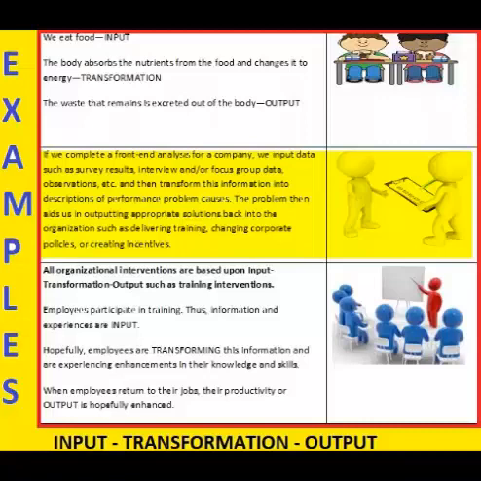So again, there's an input, a transformation, and an output. This time the focus is on data in terms of inputting, and then the transformation is really more of an intellectual process, and then the output is a change in policies and procedures.